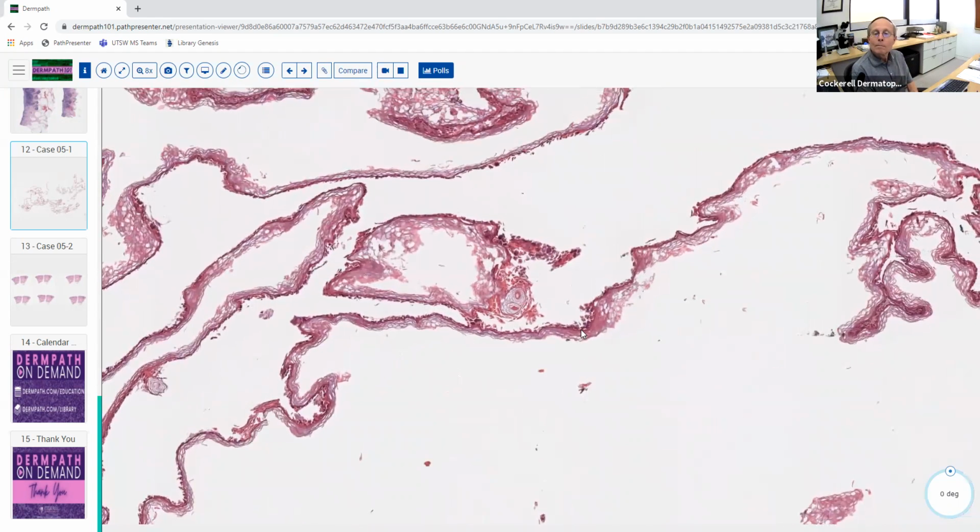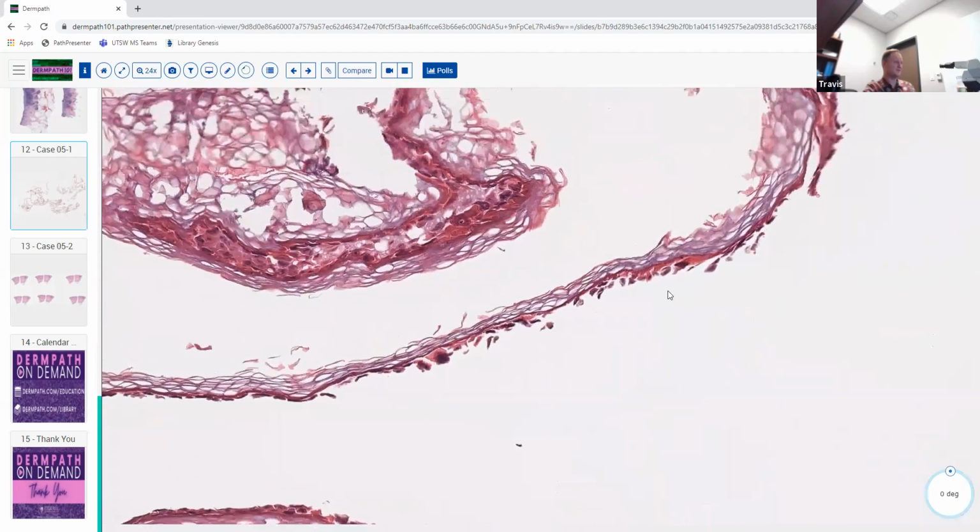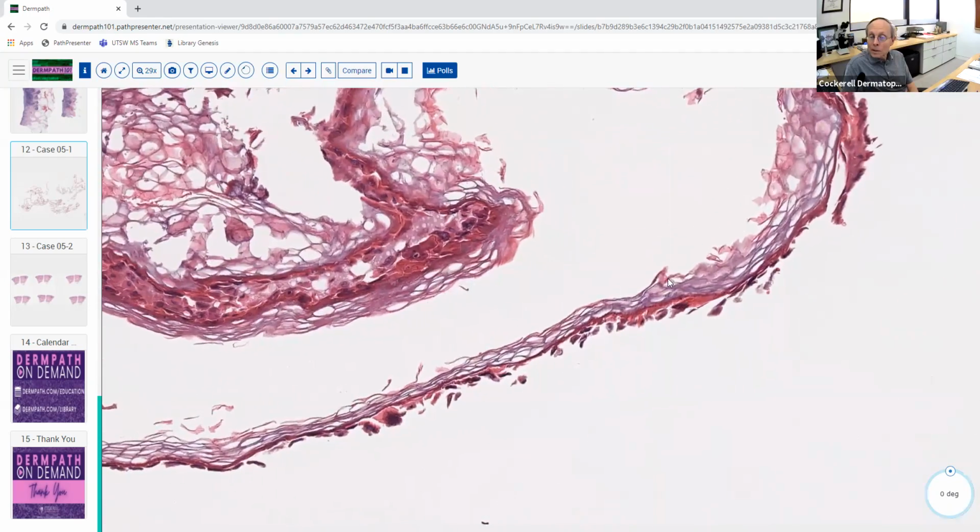Yeah. So what are you looking at here? What do we actually have? Superficial epidermis. Okay, what's this right here? Stratum corneum. And then we've got just the very uppermost part of the epidermis, right? Yeah. And what kind of cells are these?